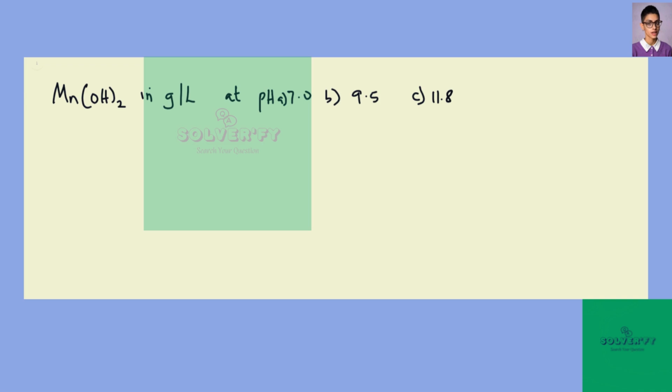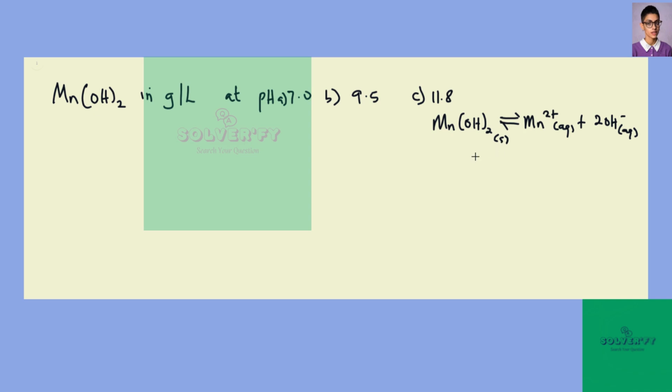So, just to start with, manganese hydroxide will dissociate to produce manganese 2 plus aqueous plus 2OH minus aqueous.